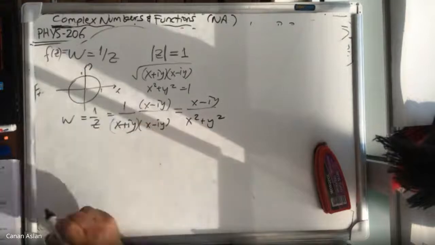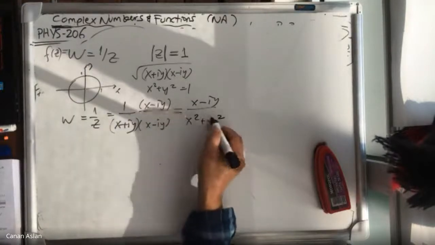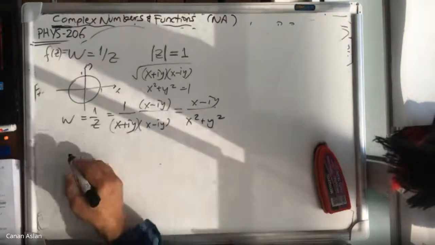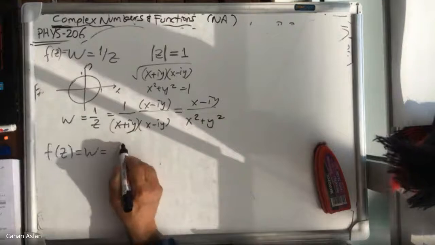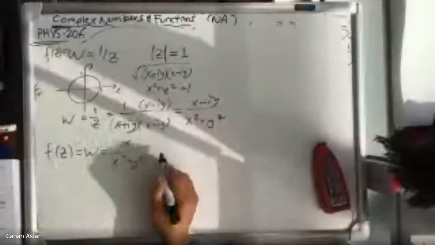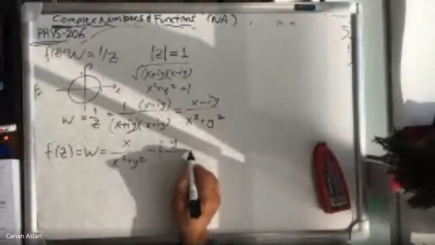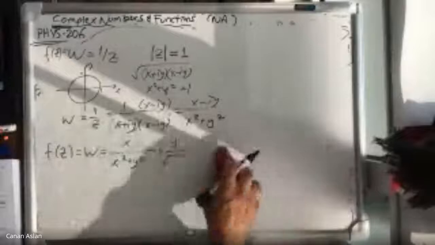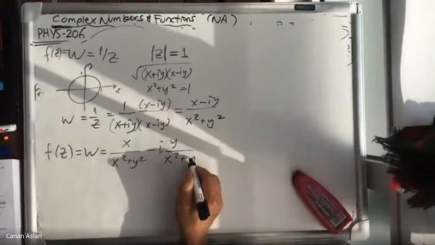So W is given by that. We can now separate this into real and imaginary parts: W is x over x squared plus y squared, the real part, minus i times y over x squared plus y squared, the imaginary part.